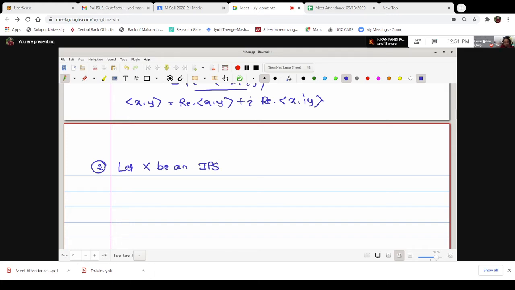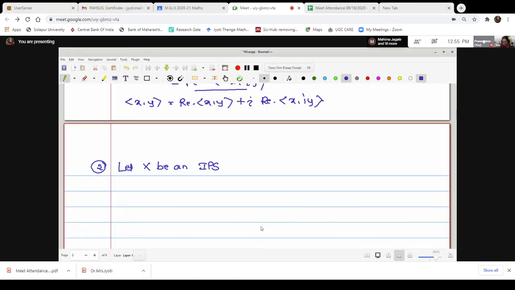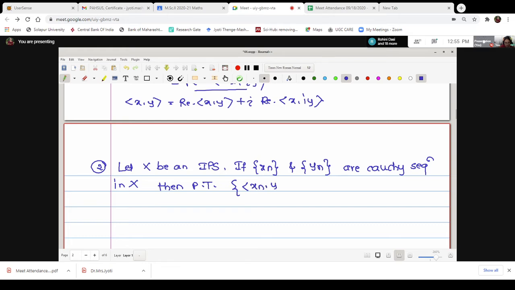If sequence xn and sequence yn are Cauchy sequences in X, then prove that the sequence inner product xn with yn is Cauchy in K. K is the underlying field.